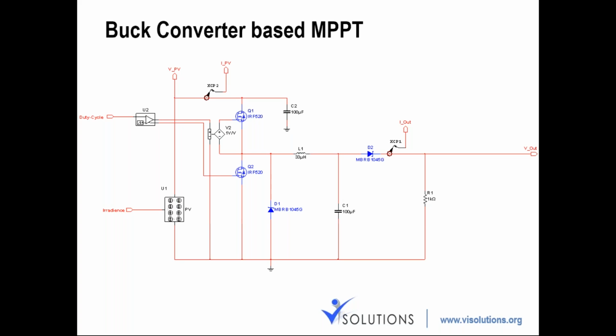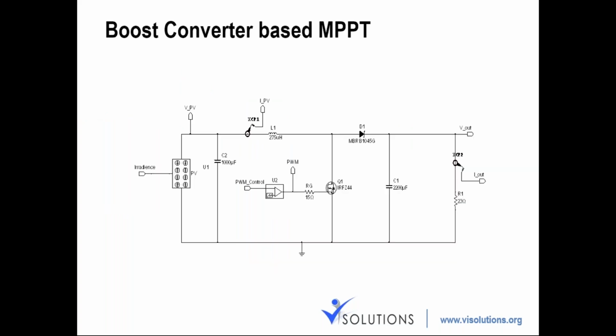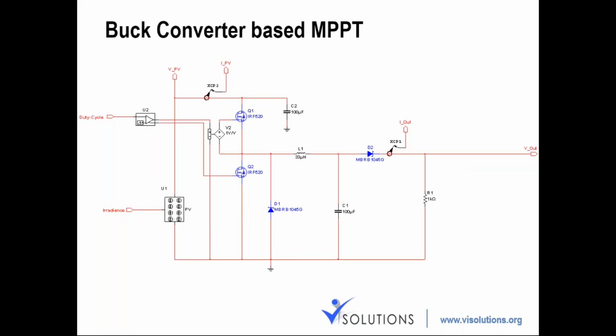Either a buck converter or a boost converter can be used. For implementation's sake, let's go for a buck converter based MPPT. This circuit is taken for convenience for us to build it.